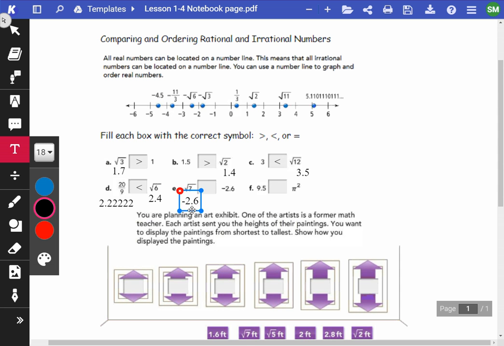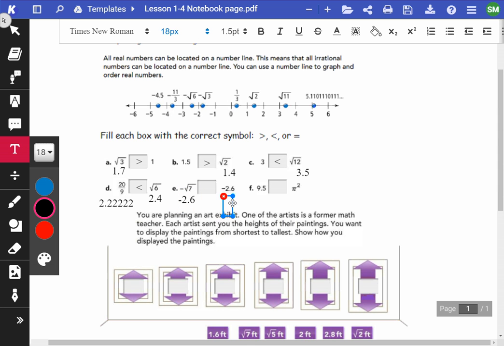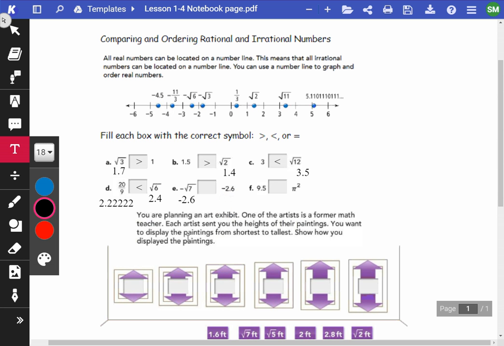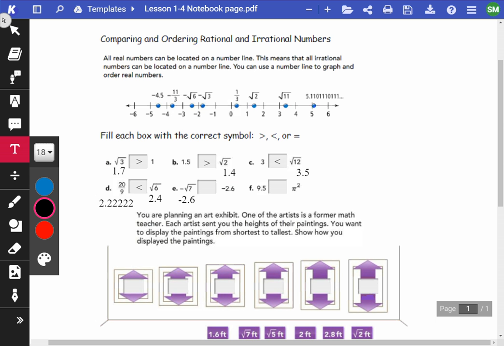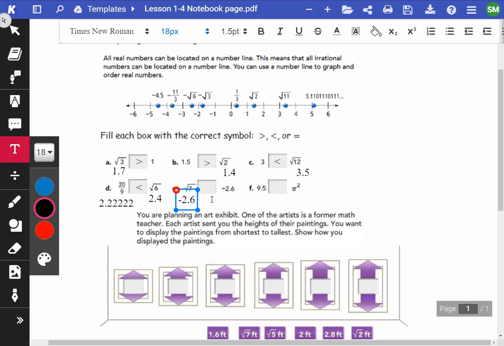And then here I have negative 2.6. Does that make those equal? Does the negative square root of 7 actually equal negative 2.6? No, it's negative 2.64575, and it goes on from there.